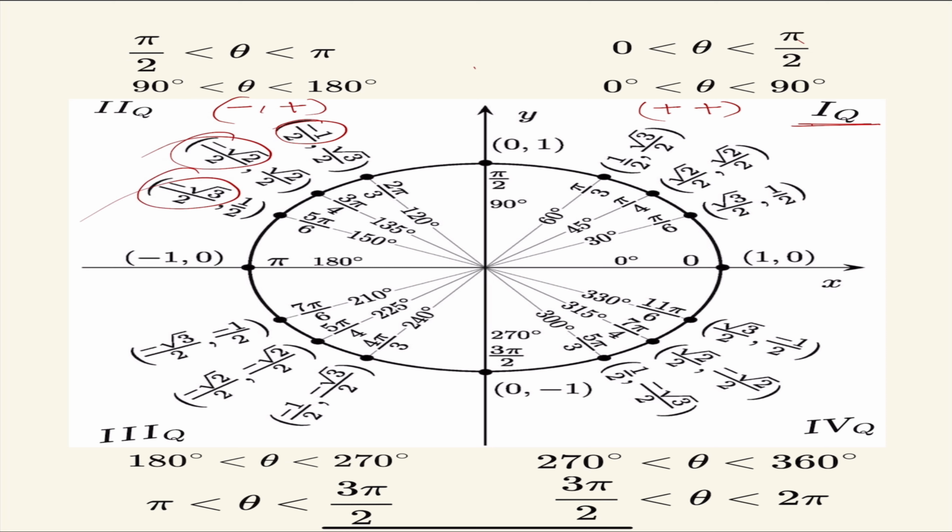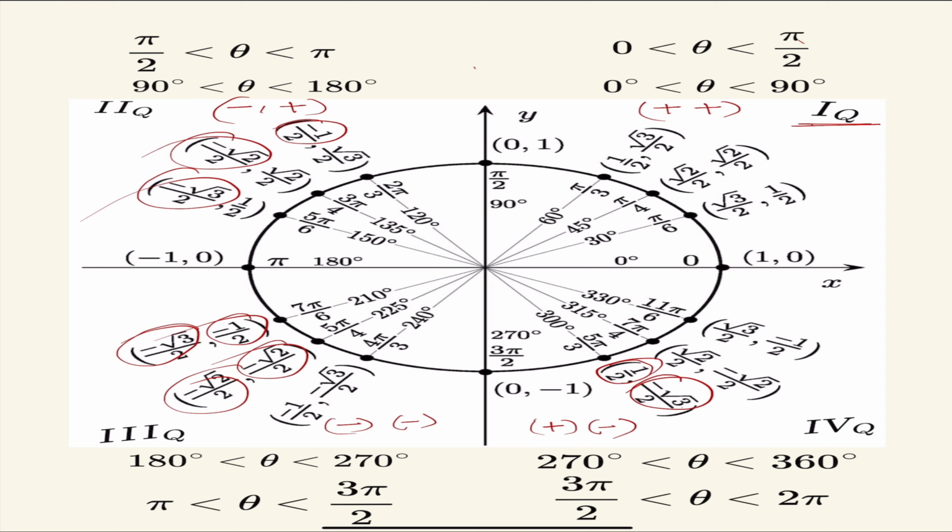This is the third quadrant, sine is negative, cosine is negative too. And the fourth quadrant, cosine is positive, but sine is negative.